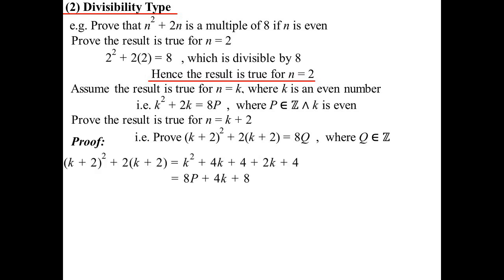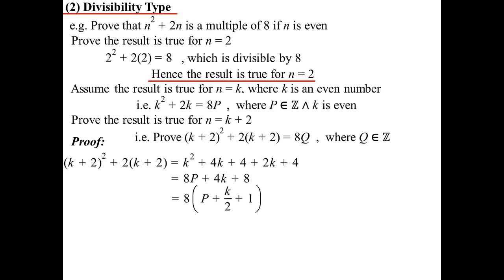Proof. I've got to get my assumption in there somehow. So I need to pull out k squared plus 2k. Well, if I expand everything out, you can see, well, there's a k squared in the first expansion, there's a 2k in the second expansion, so I can group those two things together, and I've got 8p. I'm left with 4k plus 8. Remember, we're trying to show 8 goes into this.